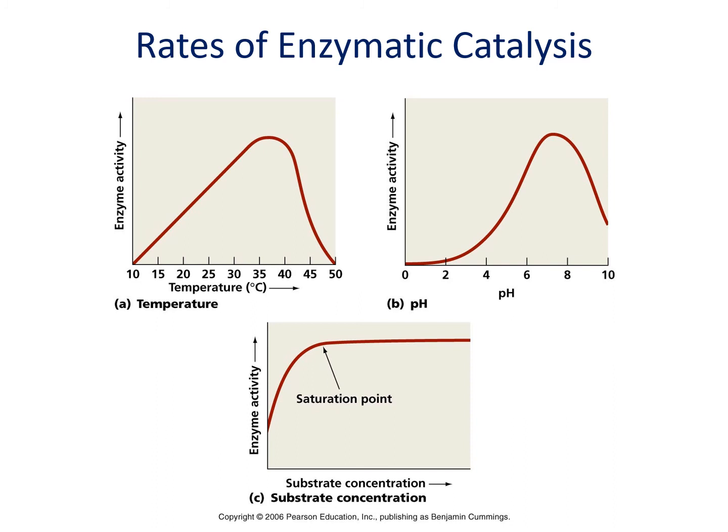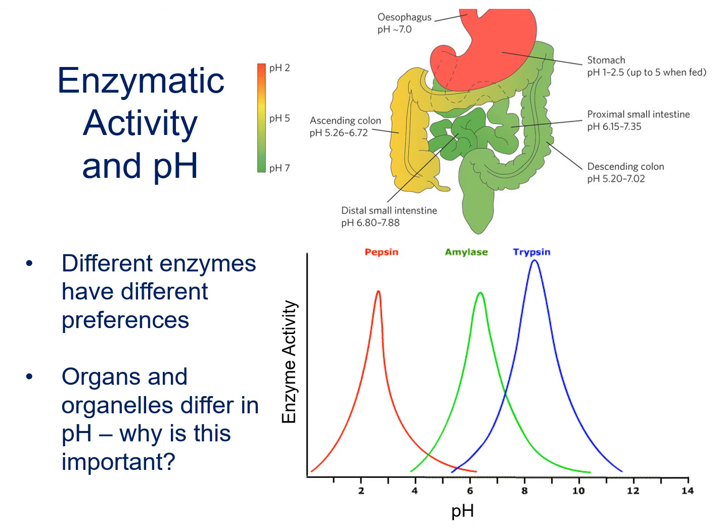And that's the point where the enzyme is basically overwhelmed. So the enzyme is receiving inputs into the active site as fast as it can deal with them. If you want the reaction to occur faster than that saturation point, you just have to add more enzyme to your reaction.